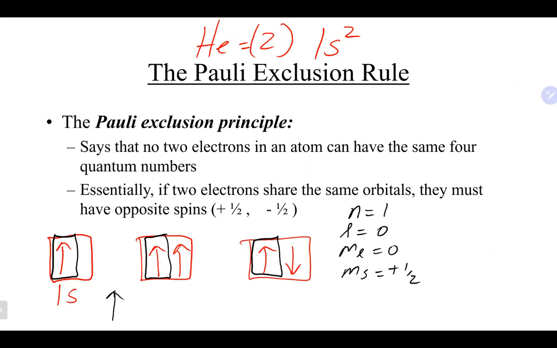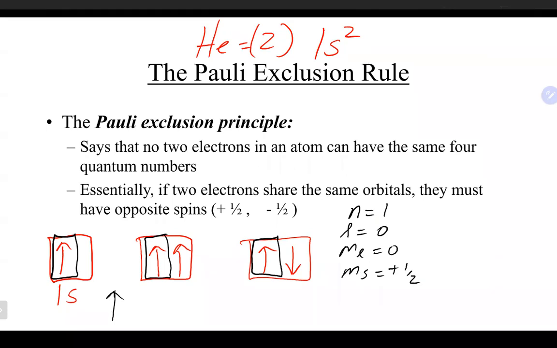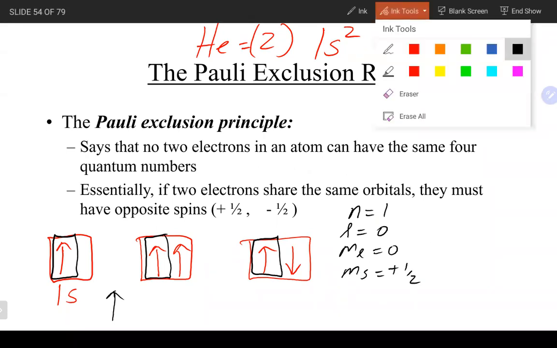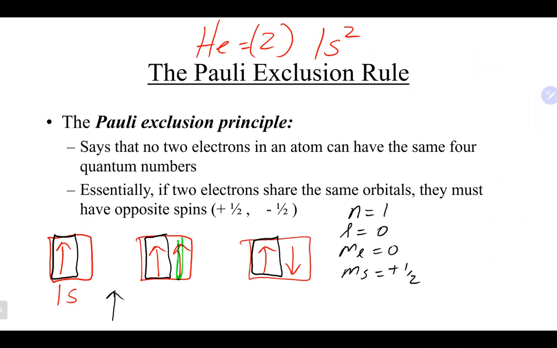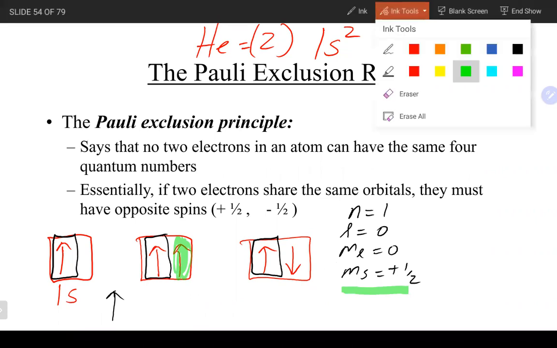Now, clearly, if I decided to put my next electron pointing the exact same way in the exact same orbital, it will end up with the exact same 4 quantum numbers. And that is what Pauli's exclusion rule says is a violation and cannot occur.